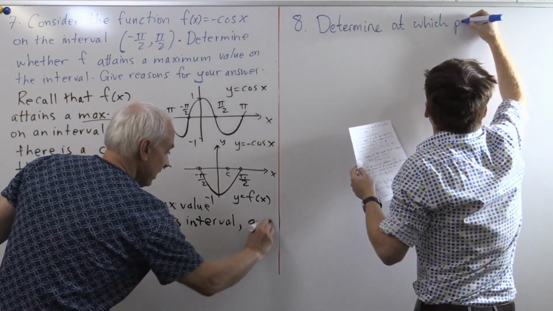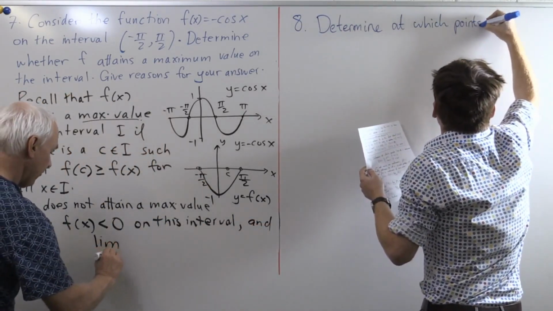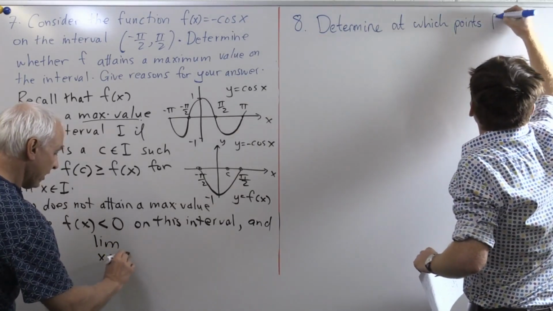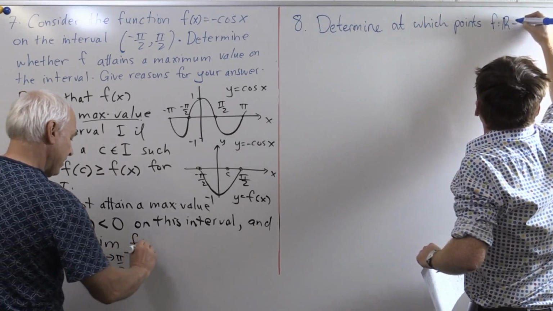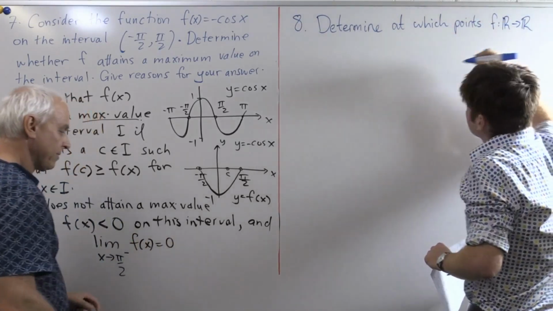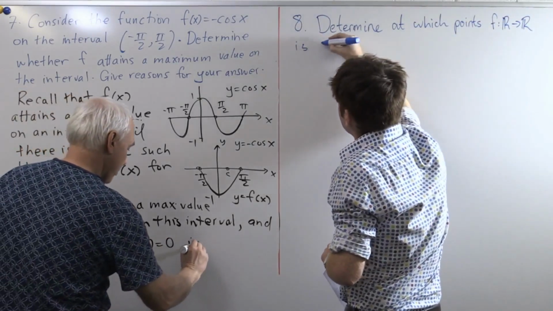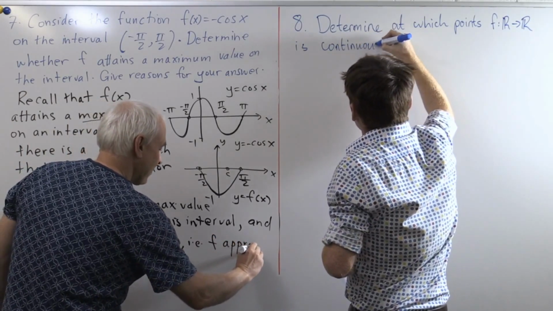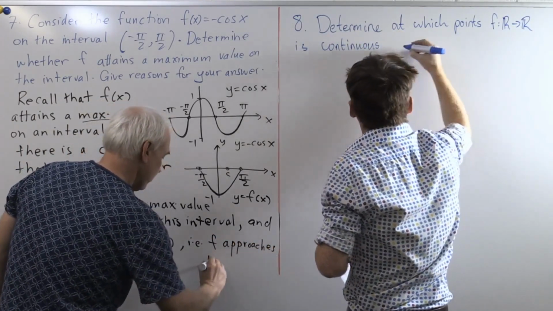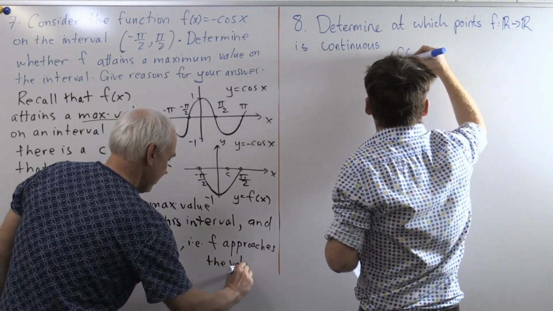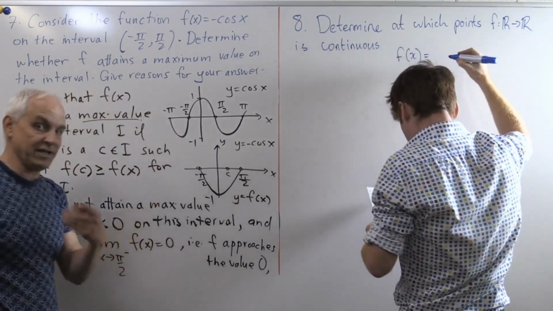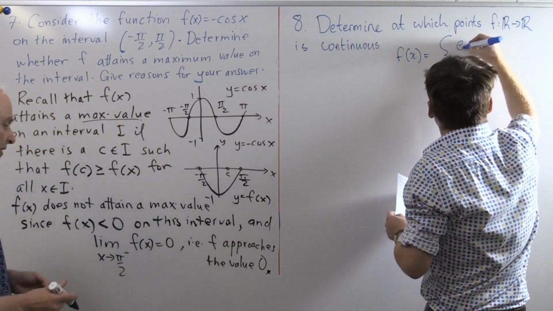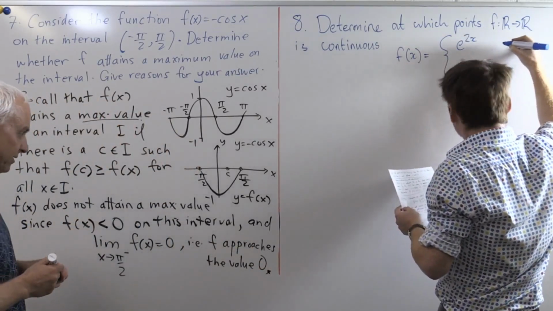And the limit as x approaches pi over 2 from the left of f of x equals 0. In other words, f approaches the value 0, but does not attain it. So we can just stop there. f approaches the value 0, but it does not attain it.